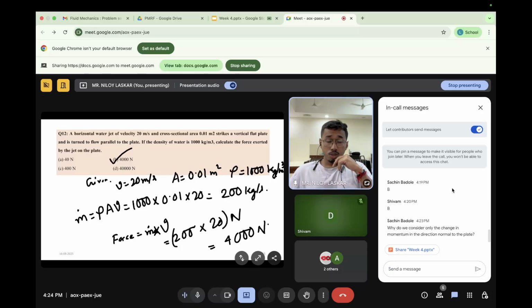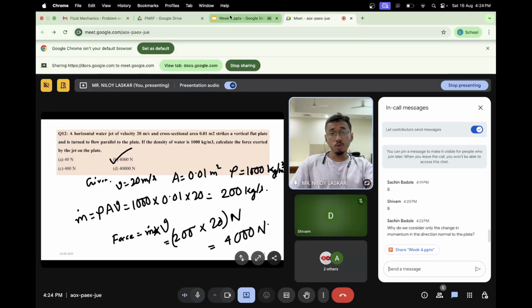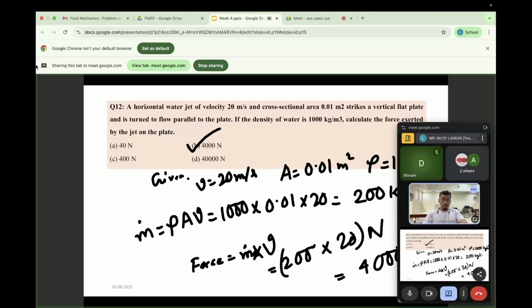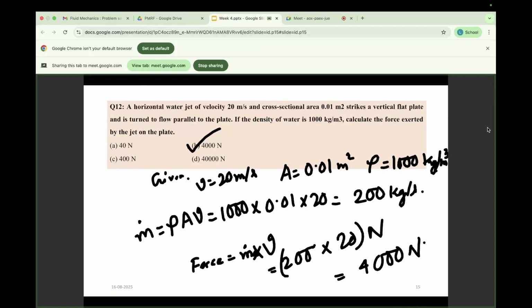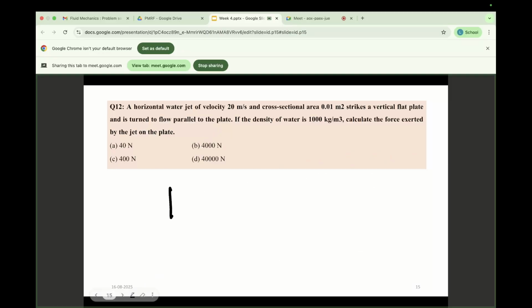So it's a good question. You asked why we have taken only the momentum in the direction normal to the plate. See, generally, in a momentum equation, say I am erasing this part, if there are three axes, say x, y, z.